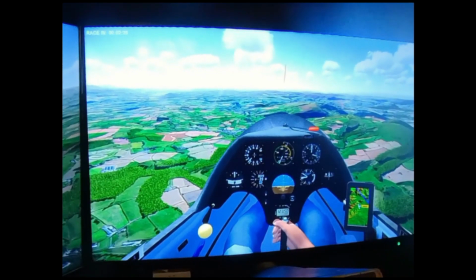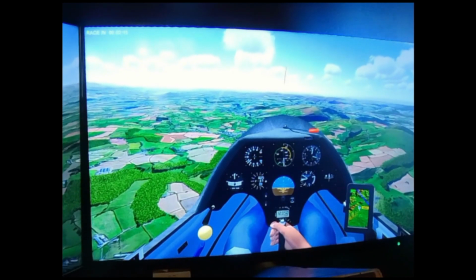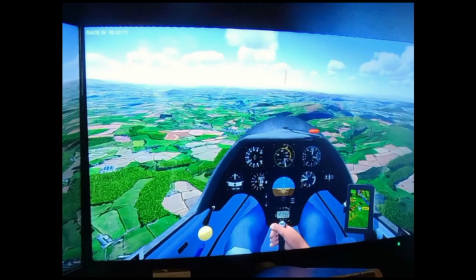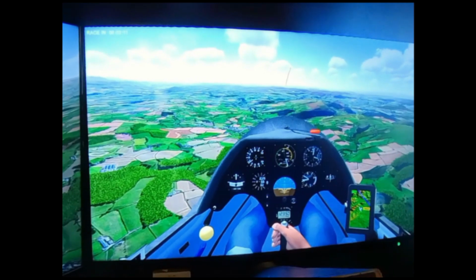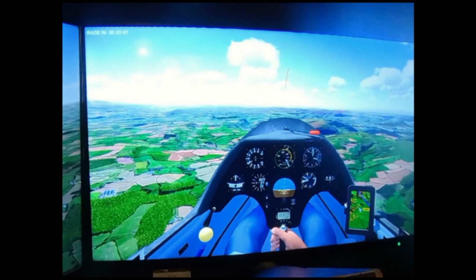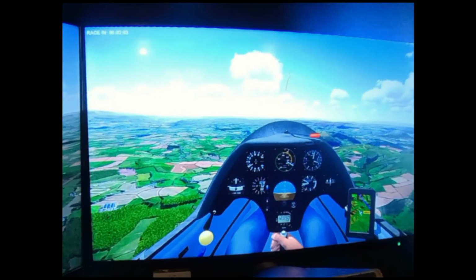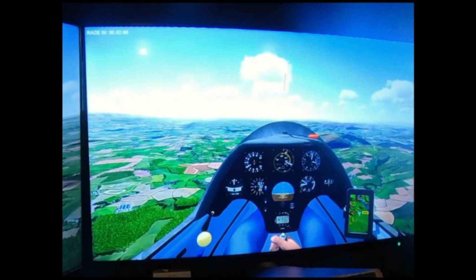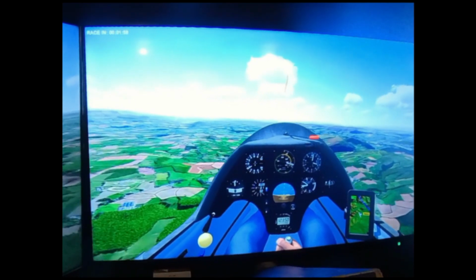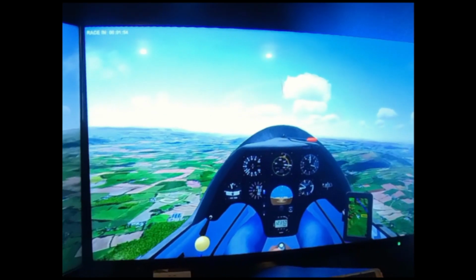What I'm going to demonstrate now is a mush stall. So note we're in the normal gliding attitude and at normal speed. If I raise the nose just a little above the normal attitude, speed reduces, noise of the airflow changes, it gets quieter, the effects of the controls may change, and we get pre-stall buffet.